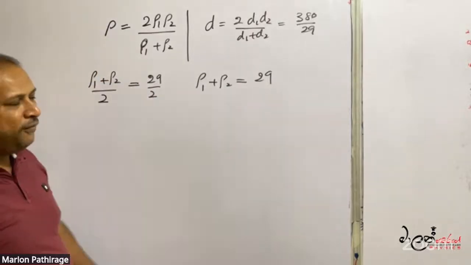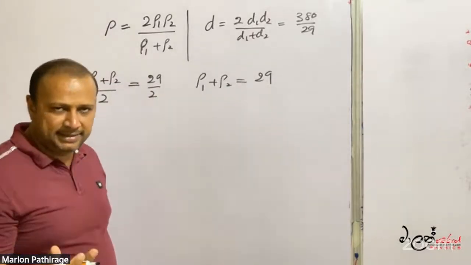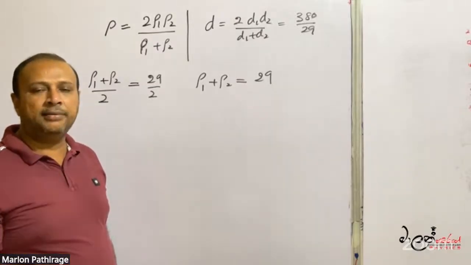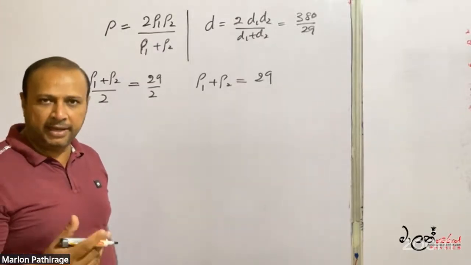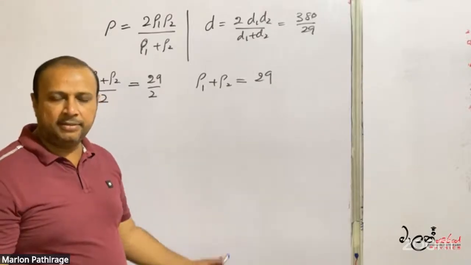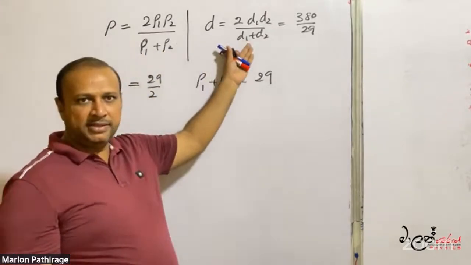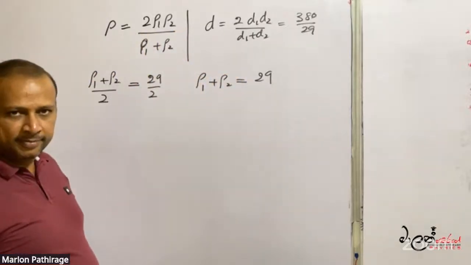So if we consider densities in gram per cubic centimeter, then relative densities and densities are equal. Therefore, instead of considering relative density, I can consider this one.